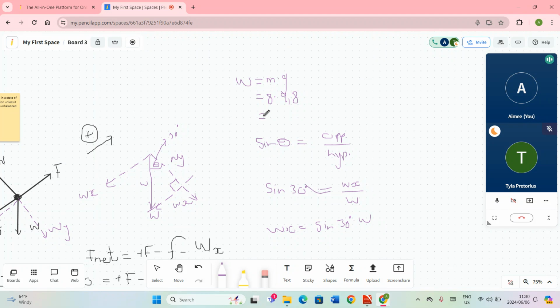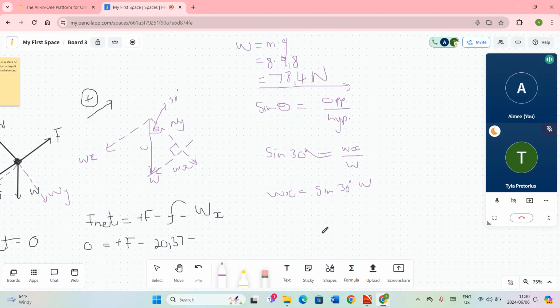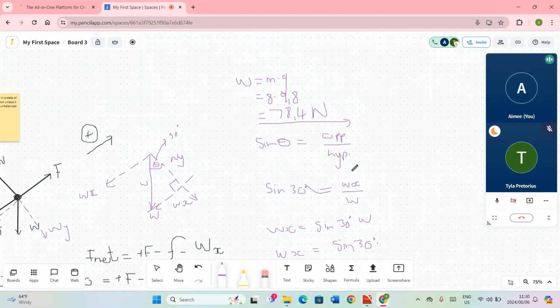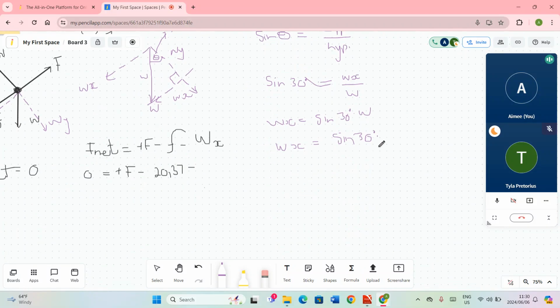And that gives us a weight of 78.4 newtons. Okay? So now we say, okay, well, Wx is equal to sine 30 degrees multiplied by my weight, which is 78.4. And now we solve for Wx.